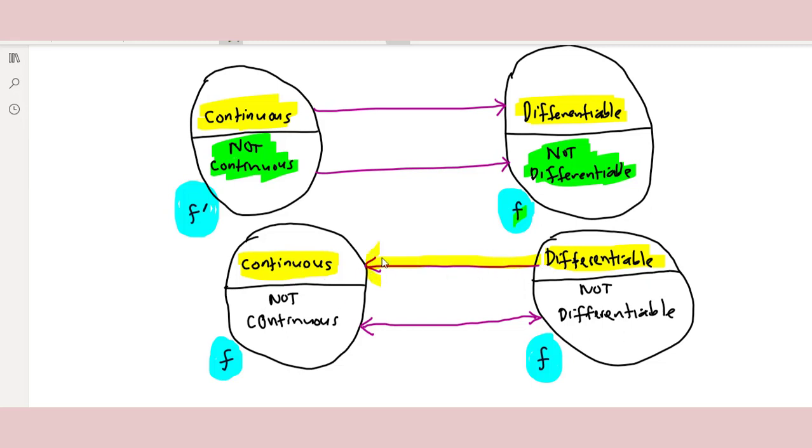The arrow goes to one side only: differentiable means continuous. For this one, if f is not continuous, it is confirmed that f is not differentiable. And if f is not differentiable, f is not necessarily not continuous. So this arrow goes to here and here, both sides working.